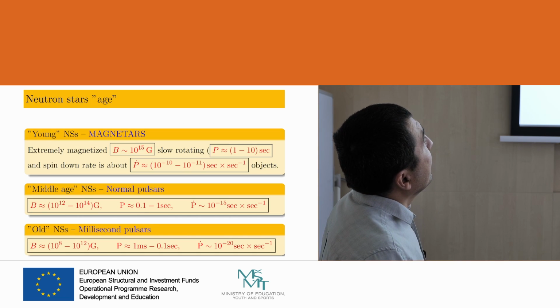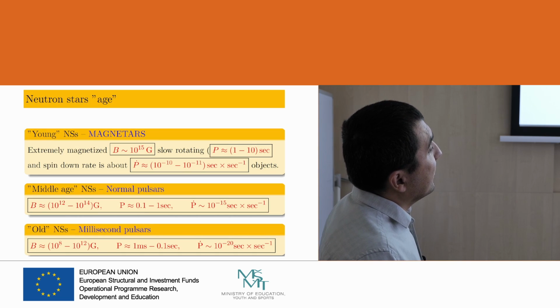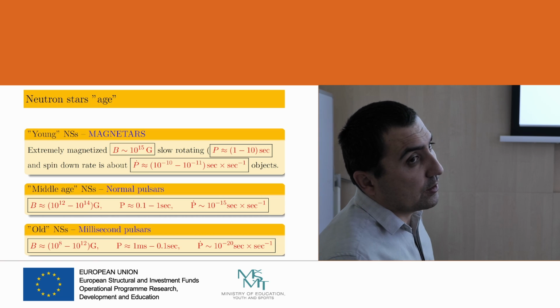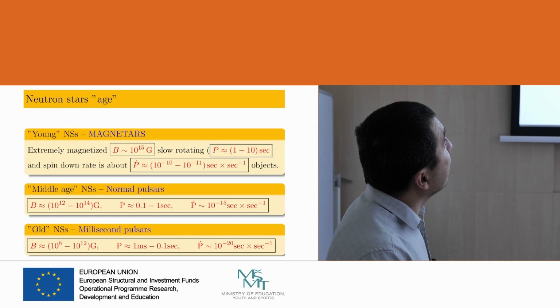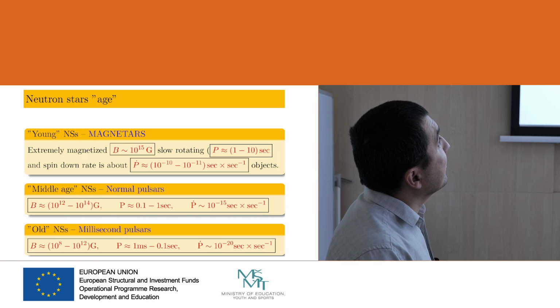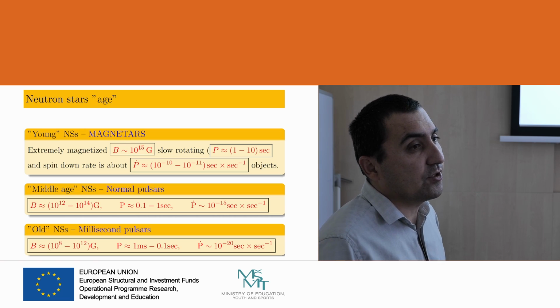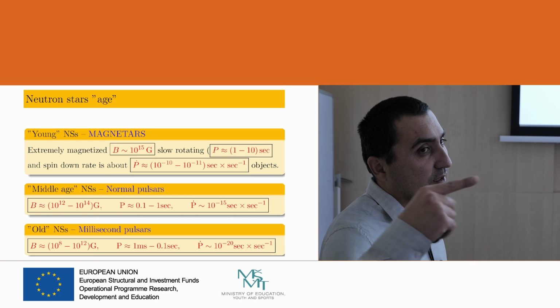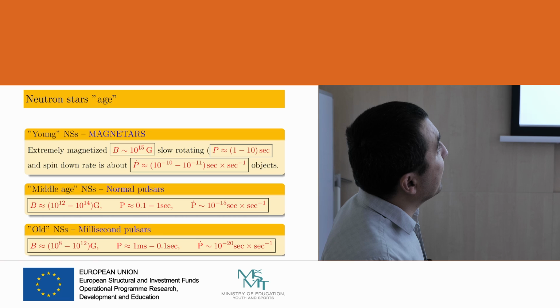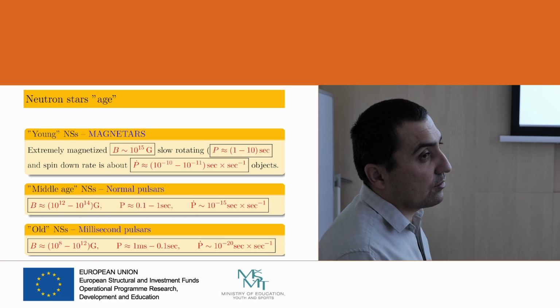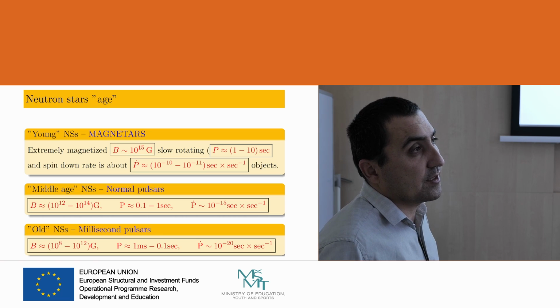So here I divided them into groups, with the characteristic age, which is not really the age of stars, but some parameter for young stars. For example, magnetars. Magnetars are also highly magnetized objects.